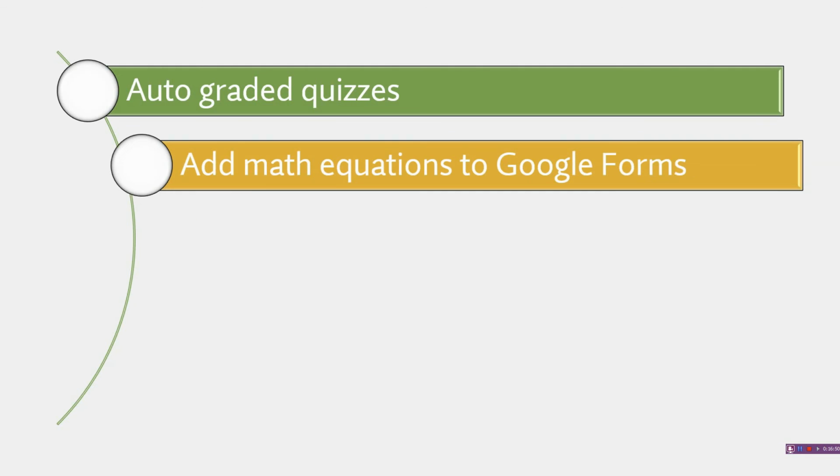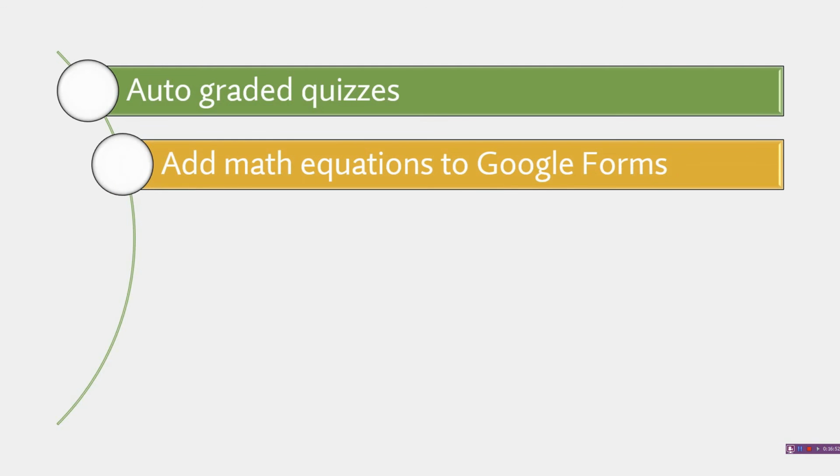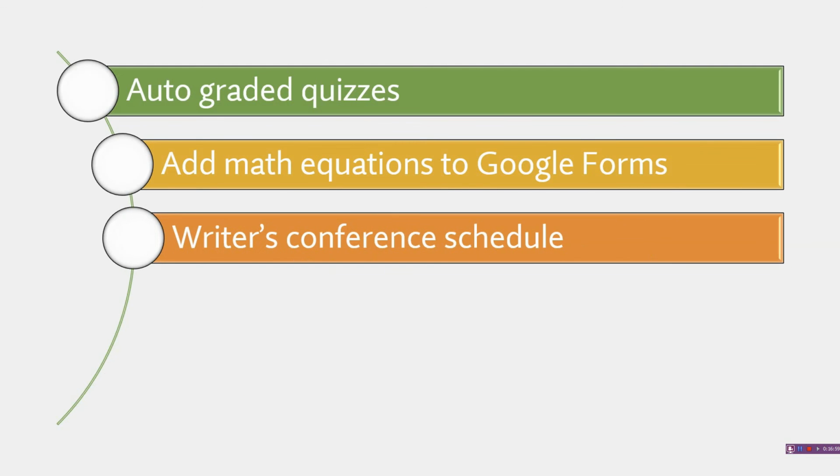Okay. Next one is add math equation to Google form. You can add math equations also on Google Forms. Okay. Next, writers conference schedule. If the student needs to schedule a time to meet with you to discuss their writing, the form limiter add-on, there is an add-on which can be installed in the Google form, can help create a form in Google Forms, and it will gather the data you will need like name, class, time, etc. in a Google Sheet.